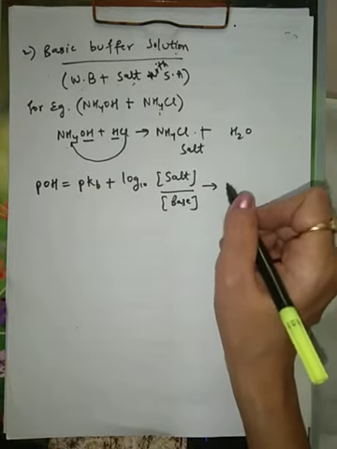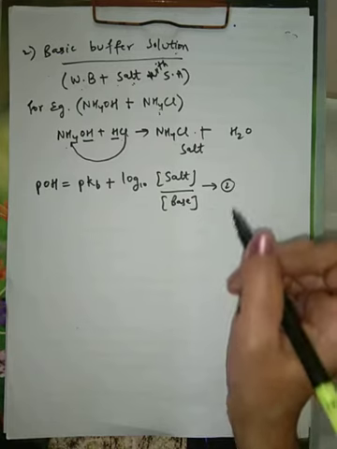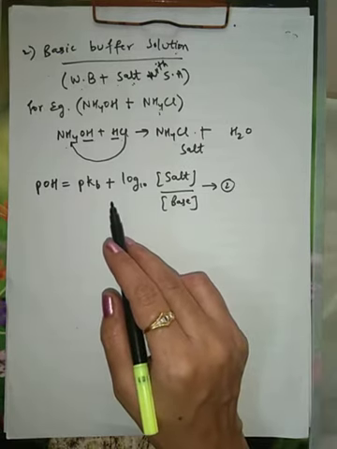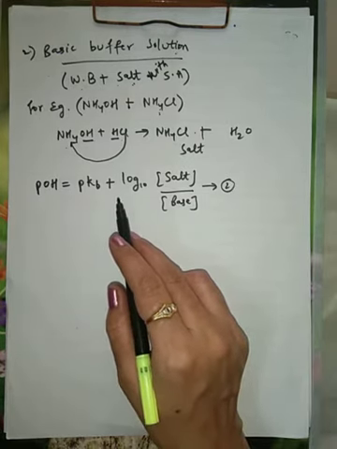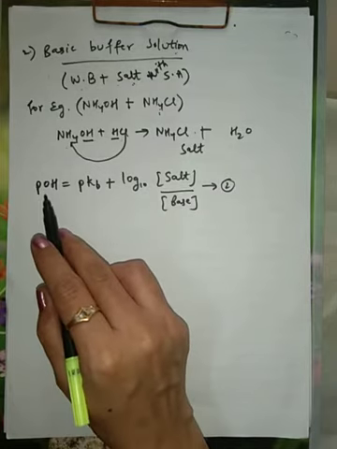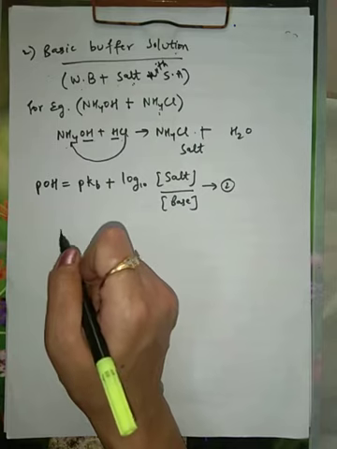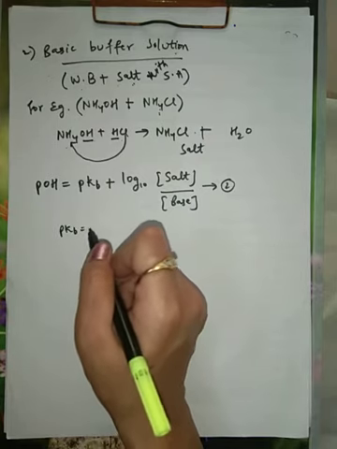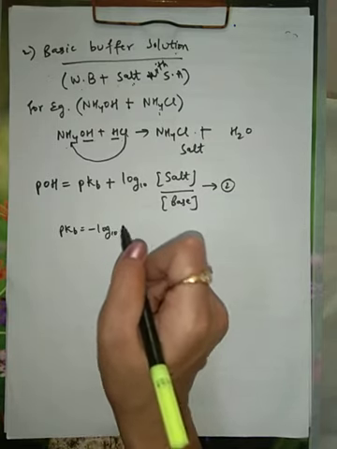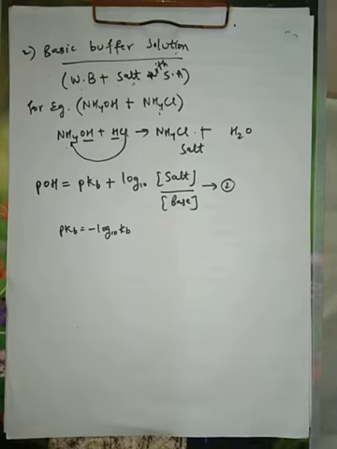And this particular equation, let us say 2, is nothing but again the Henderson-Hasselbalch equation for calculating the pOH of the basic buffer solution. It's very logical that pKb is negative log to the base 10 of Kb. Okay, so these are the two types of buffer solution.